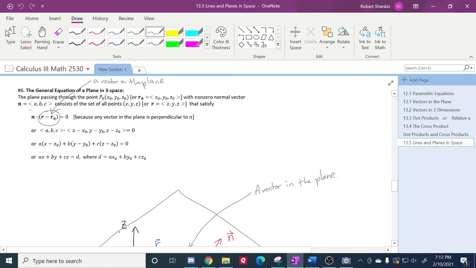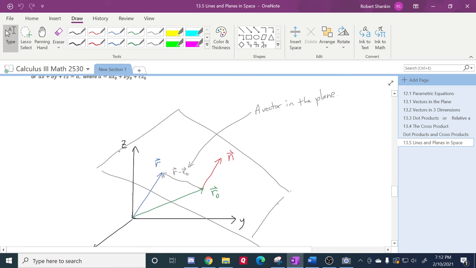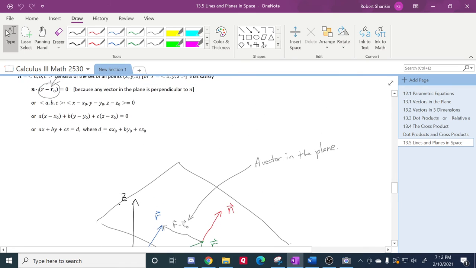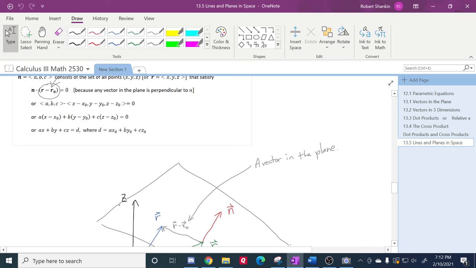Now, the dot product, recall, is a measure of how much these two things point in the same direction. And they don't point in the same direction at all. This minimizes the dot product, which is 0. So n dot r minus r0 from this diagram has to be 0. They are perpendicular.